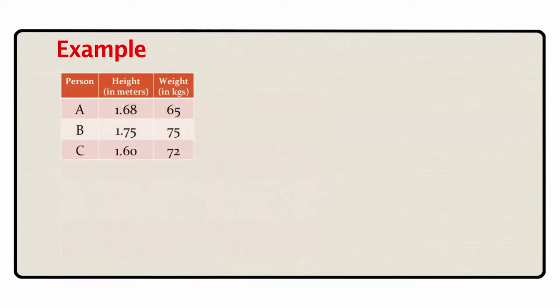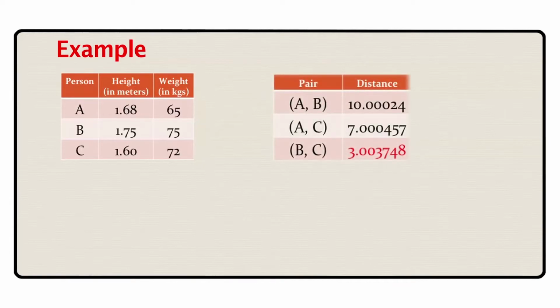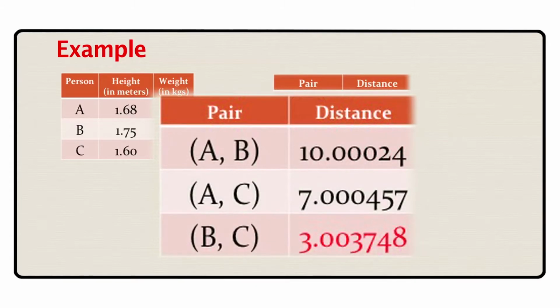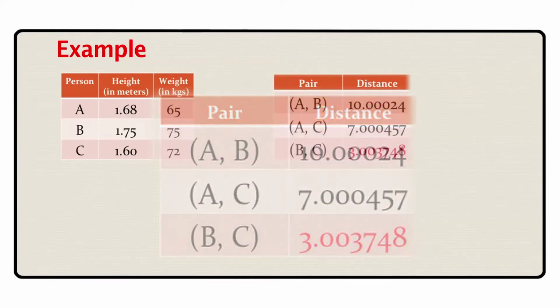Now what is the distance between A, B and C? If we use the Euclidean distance, then the distance between A and B turns out to be 10, between A and C turns out to be 7, and between B and C turns out to be 3. So we can see that B and C are closer to each other.